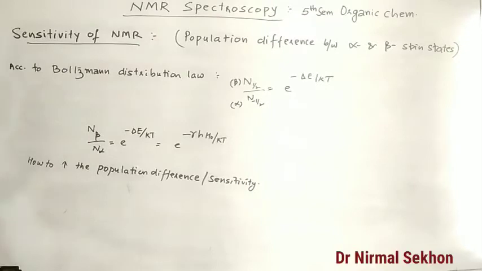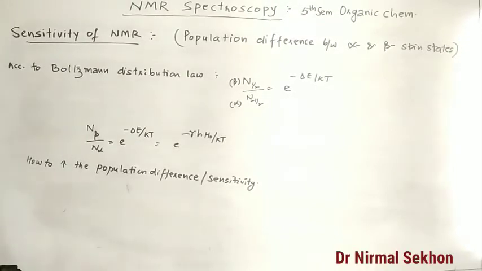As we have already discussed, when we apply a magnetic field to a molecule, there is a distribution of spin states. Some molecules have a spin of plus half, some have minus half. Plus half go to alpha and minus half go to beta, aligned with or against the external magnetic field. So the difference is delta E.